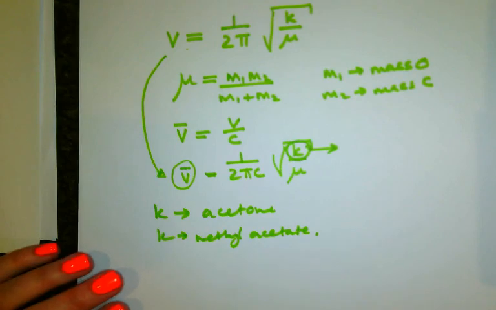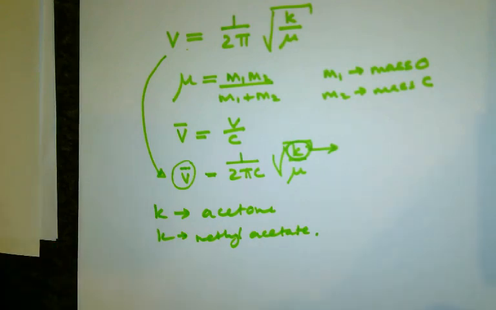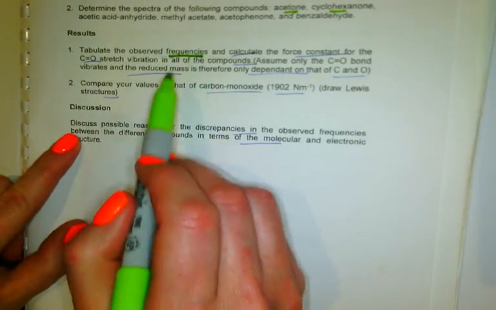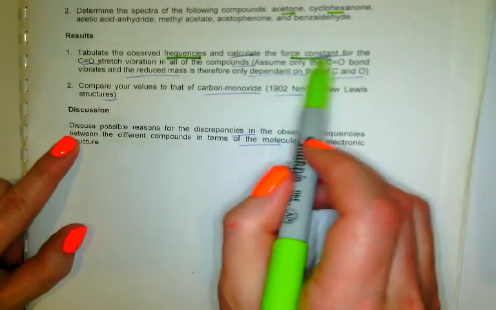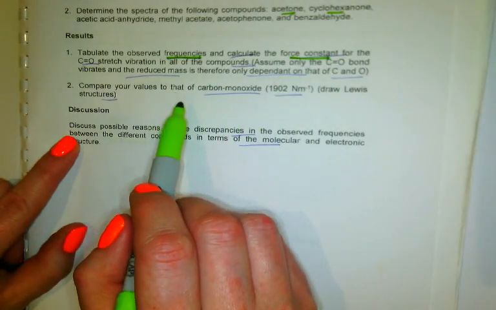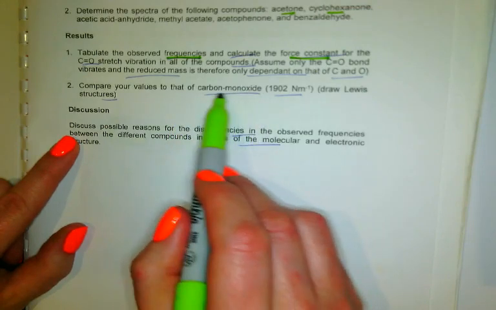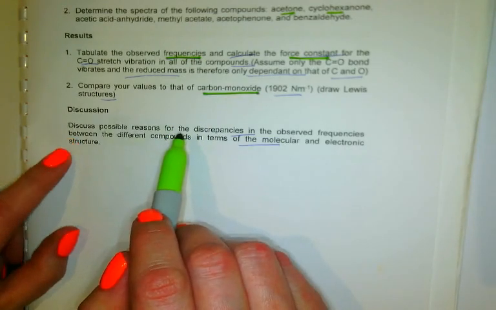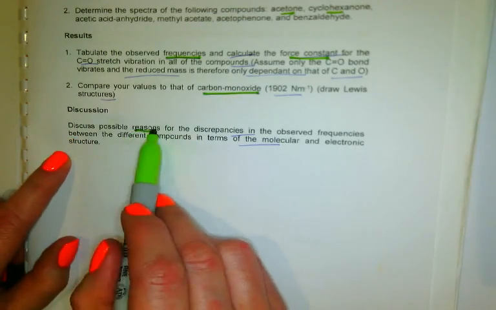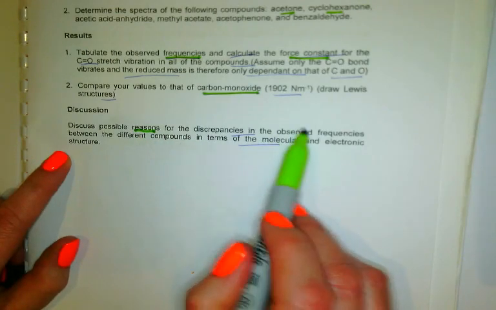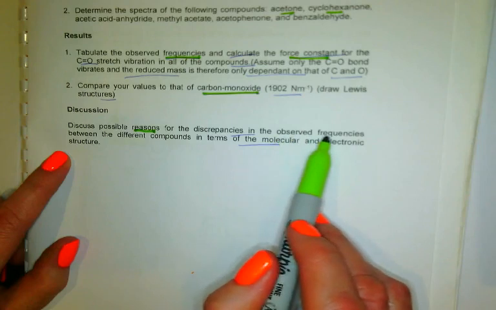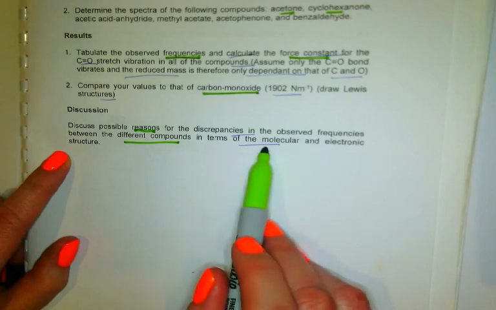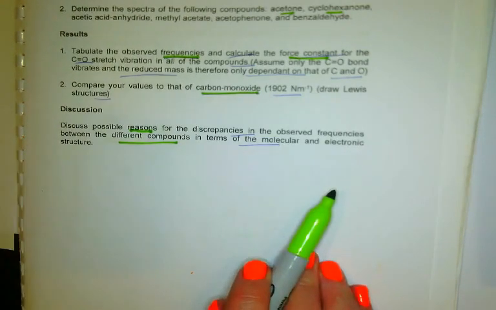The questions ask you to tabulate the frequencies from the spectra, calculate the force constant, and then also compare your values to that of carbon monoxide, and then comment on the possible differences, and then lastly discuss possible reasons or interpret these frequencies and why they could be different for the different compounds in terms of their molecular and electronic structures.